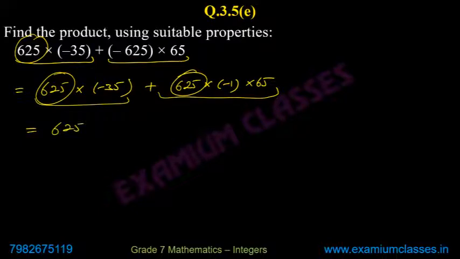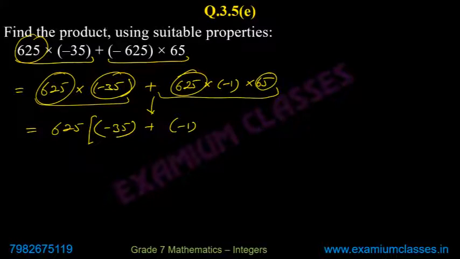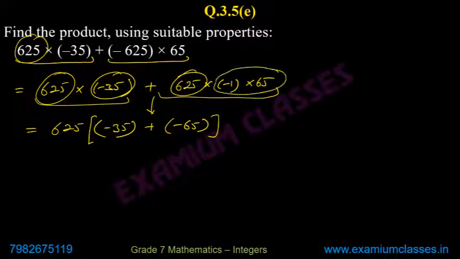Take 625 outside. And then you have minus 35 plus minus 1 into 65. Minus 1 into 65 will be minus 65. This whole is 625 into minus 35 minus 65.